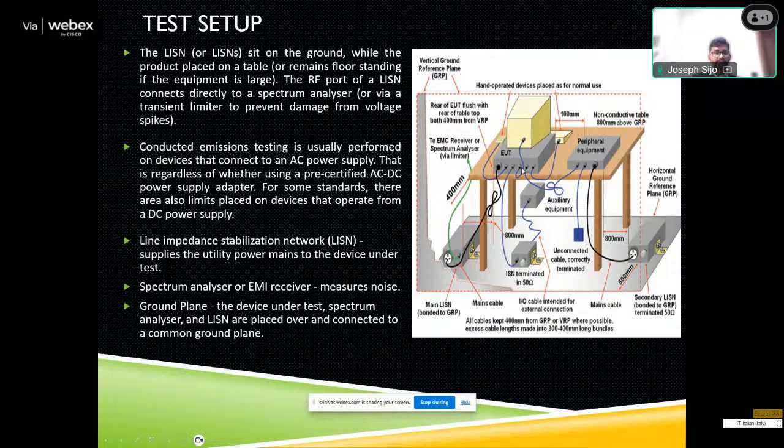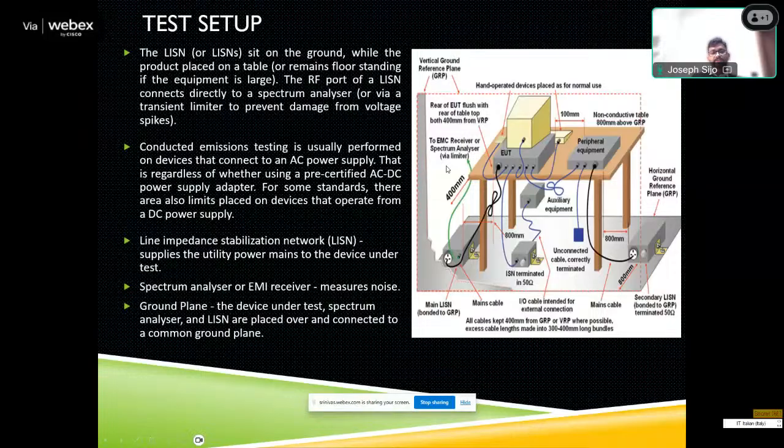This is the equipment under test, and there should be some electrostatic discharge probe we use to create some impulse to the products, and checking through the line impedance stabilization network, it will send the signals to the spectrum analyzer to check what the main causes are, and whether the emission is under control or over control. So this is one way of the test setup.